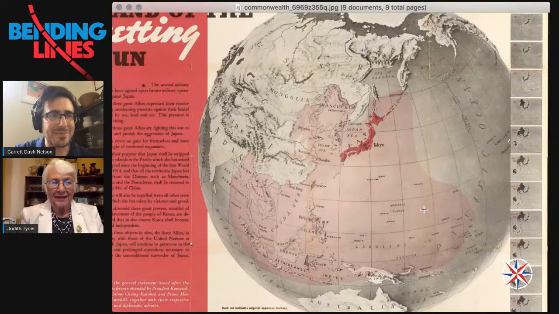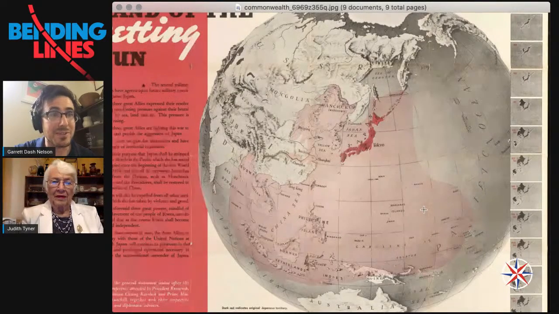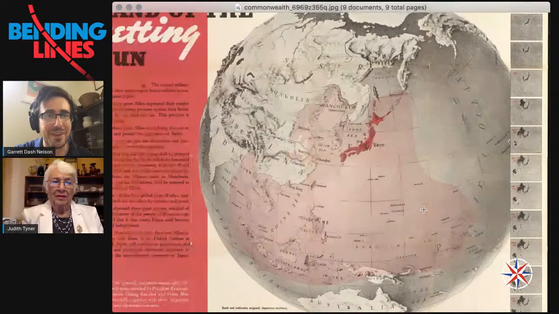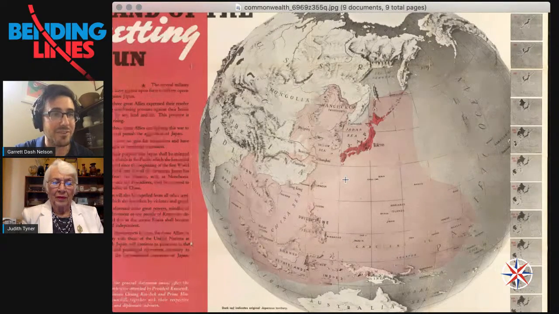So it's supposed to make Japan, the Japanese Empire in 1943, seem both hugely dominant, sweeping across half the globe, but also to reassure Americans and their allies and other people who would have been reading Newsmap that that era of supposed aggression will be coming to an end through the war effort.